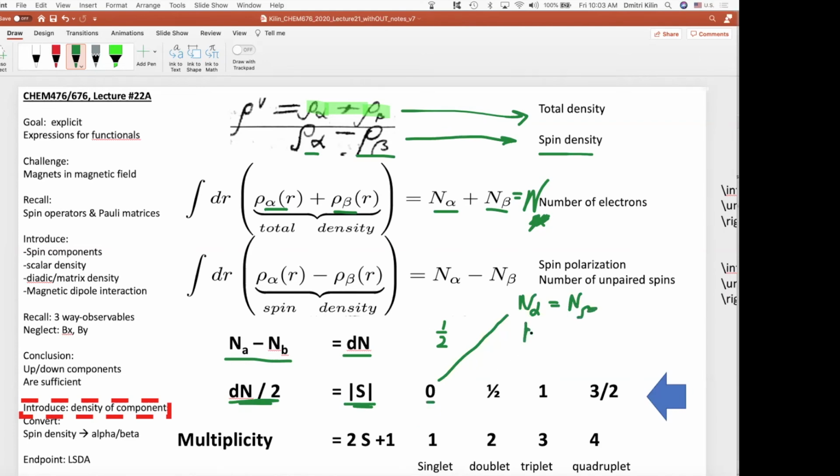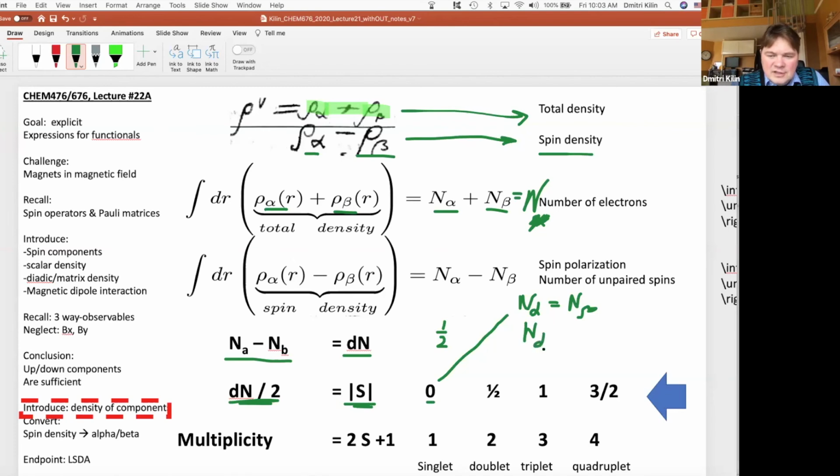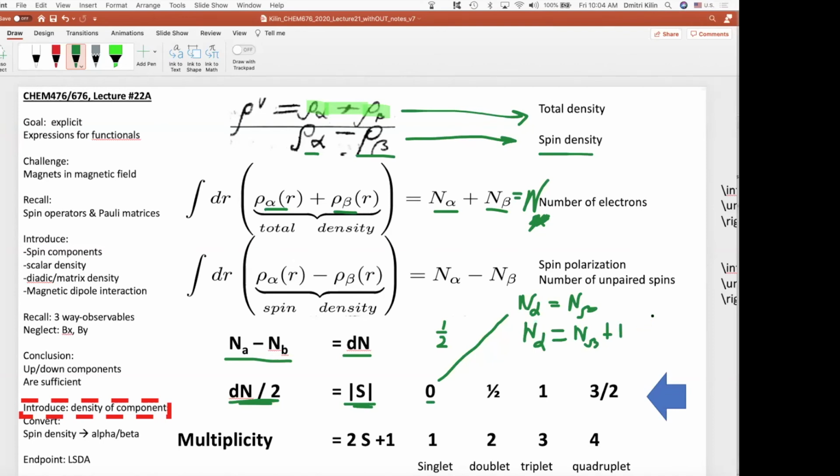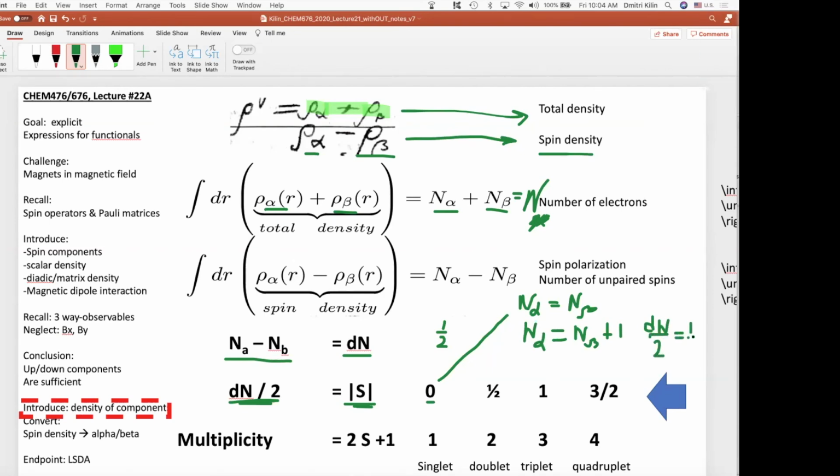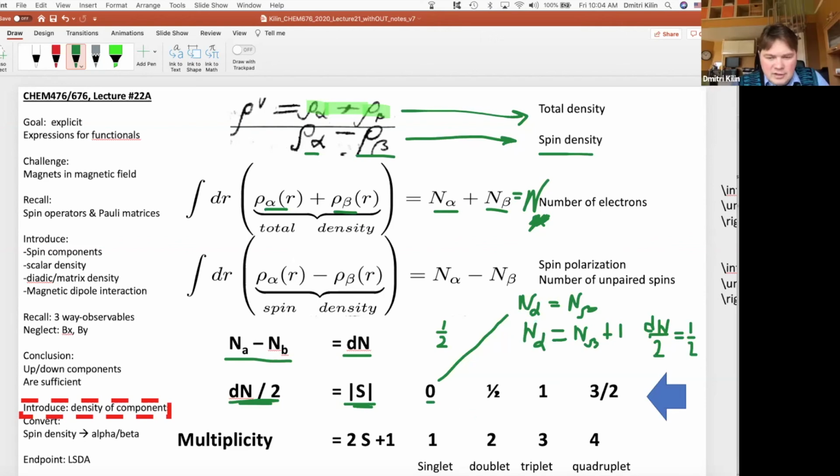If n alpha equals n beta plus 1, then their subtraction is 1, but if we divide the subtraction by 2, it will be half.